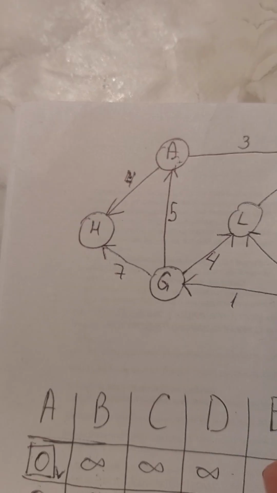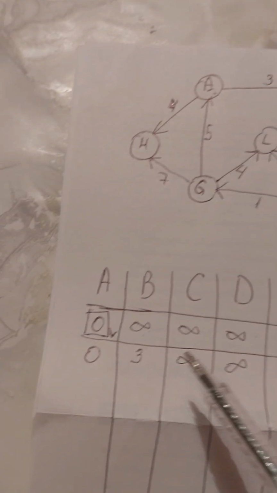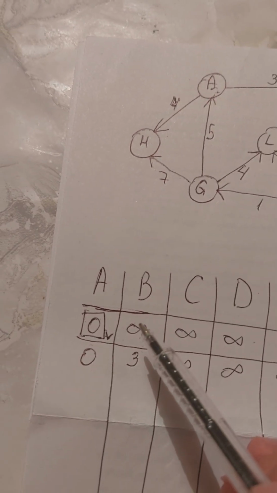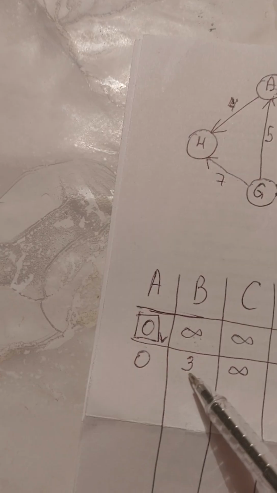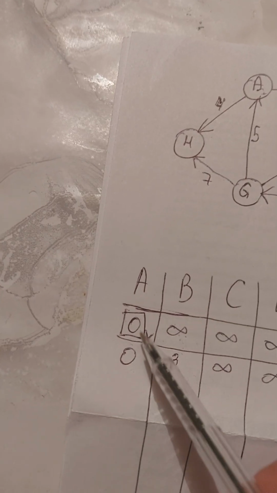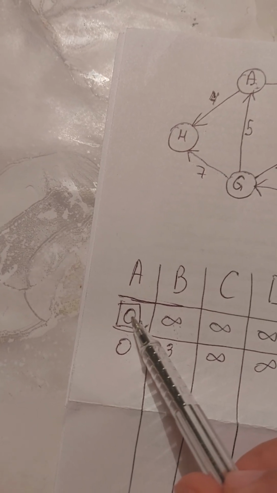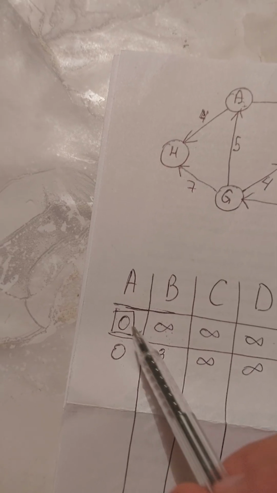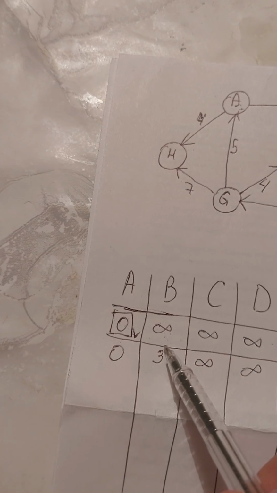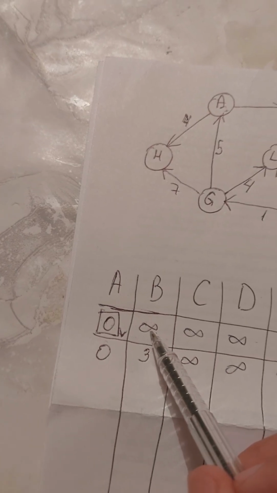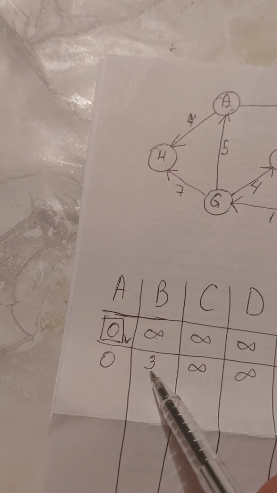And from A to B, its previous weight is infinite, the actual weight is 3, and the previous label is 0, so the previous label plus 3 is 3, and 3 is less than infinite, so we have to write here 3.